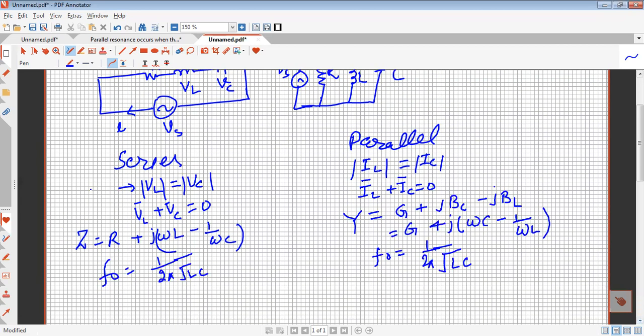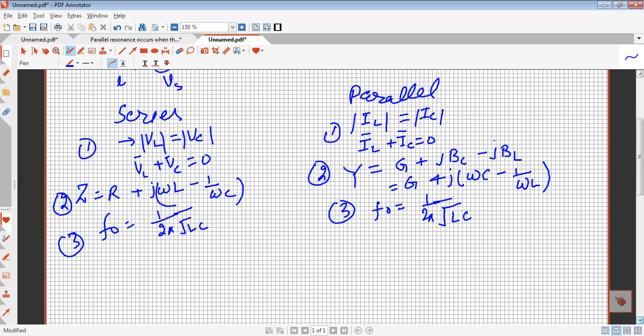Now the next points, this is 1, 2, and 3, and this is 1, 2, and 3. During the resonance, when this term becomes 0, Y will be equal to G, the conductance.